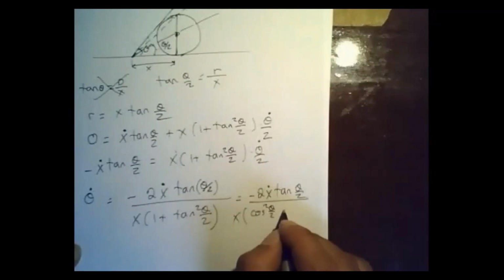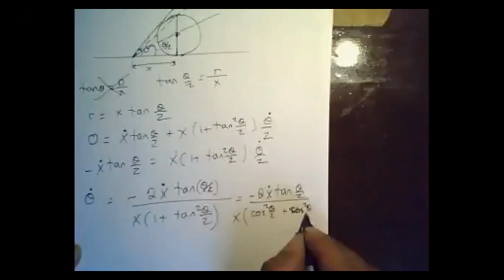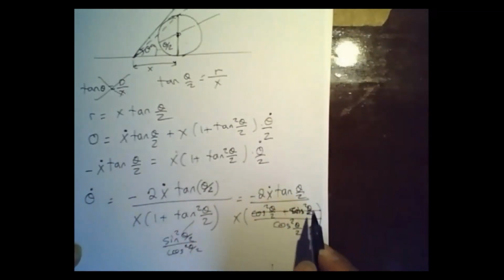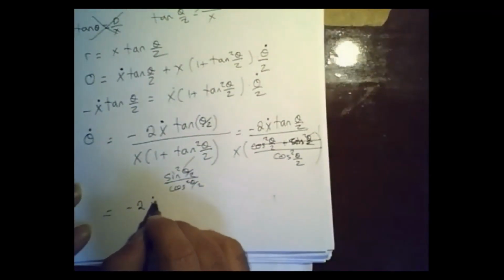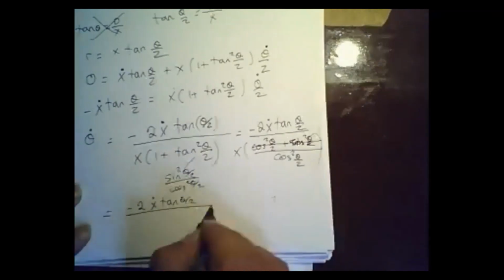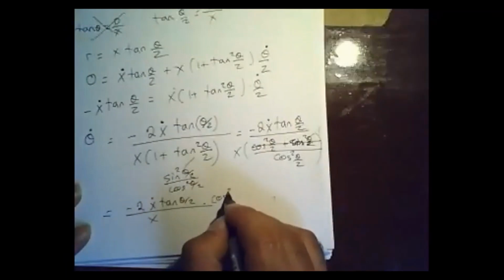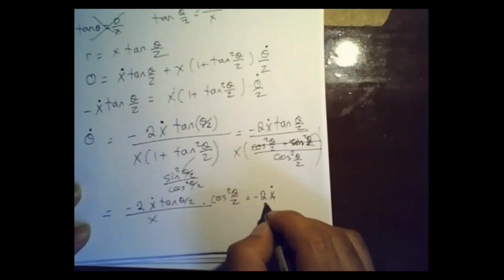Cosine square theta over 2 plus sine square theta over 2, divided by cosine square theta over 2, because I can always say this guy is equal to sine square theta over 2 divided by cosine square theta over 2. So this guy is going to be 1, right? And here minus 2 x prime over x, and I'm going to put cosine square theta over 2 on top.